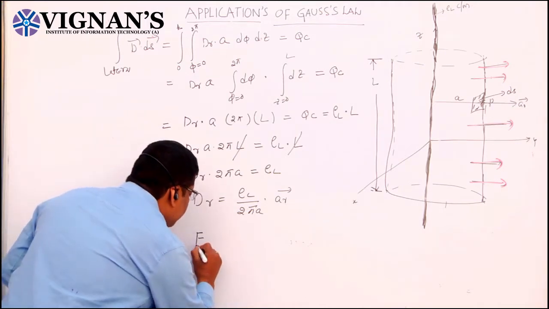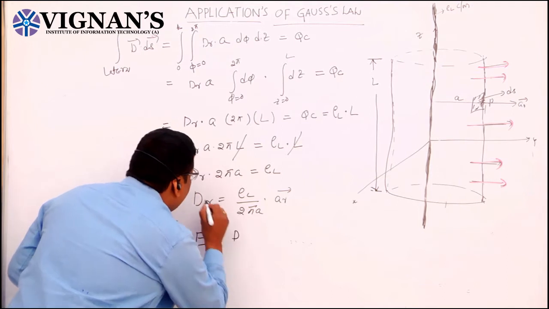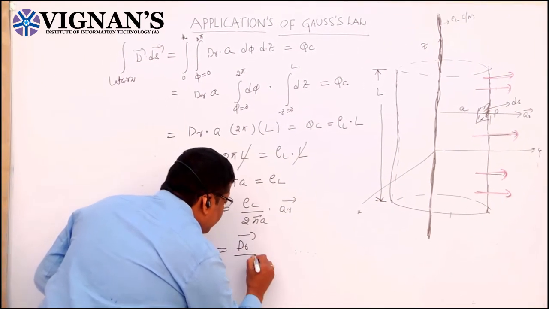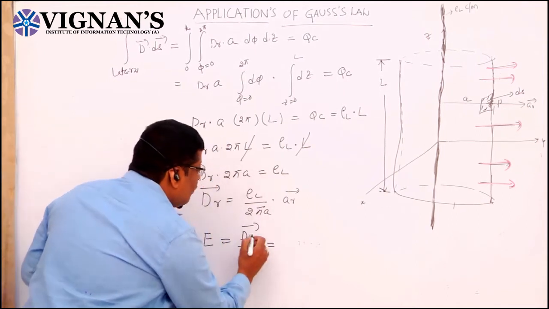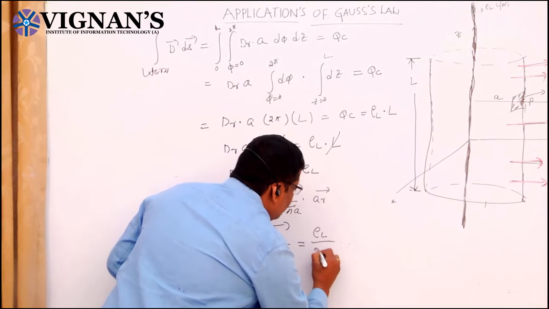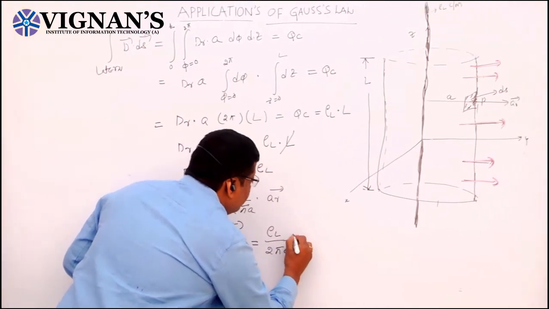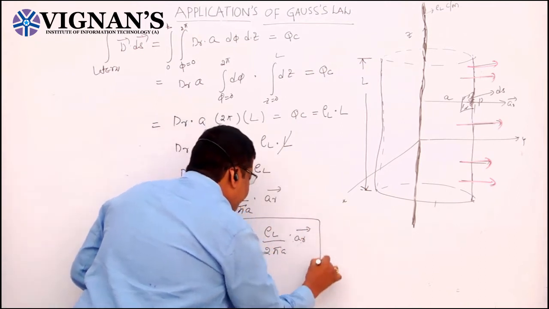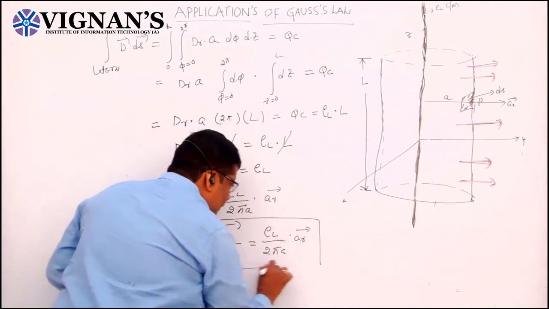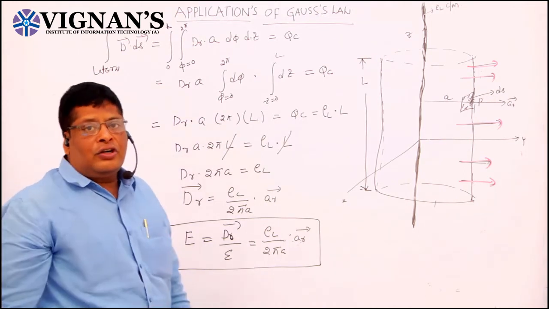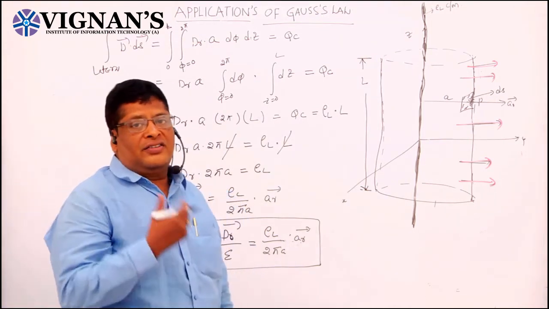Electric field intensity E equals D bar by epsilon. We already know the value of D bar. This is equal to ρL by 2πρ epsilon into a_ρ bar. This is the final expression for the electric field intensity due to the line charge using Gauss law.